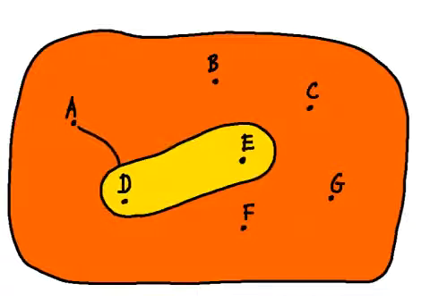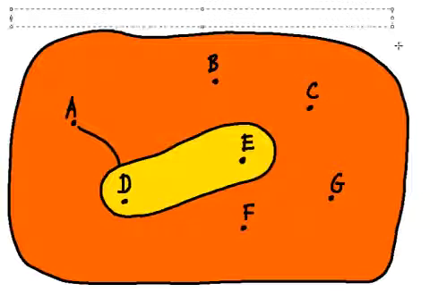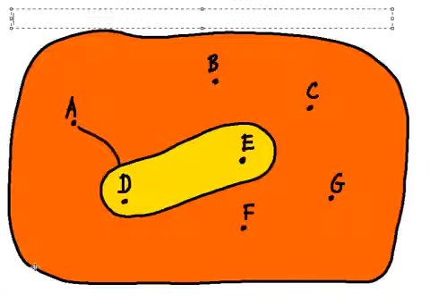So in this case, we can say that the collection consisting of D and E forms a set. Namely, it forms the set A.